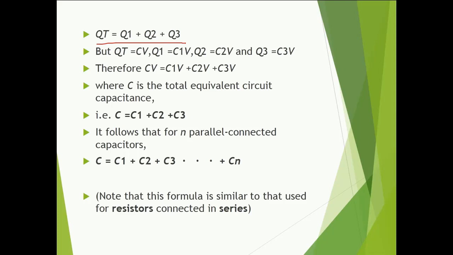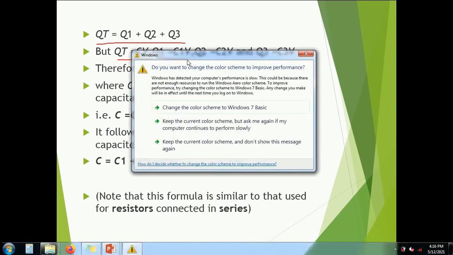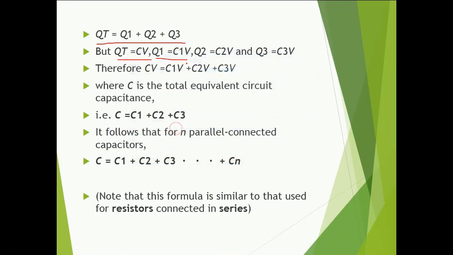Now, as per the formula of charge, voltage and capacitance, Q is equal to CV. That is, Q1 is C1V, Q2 is C2V and Q3 is C3V. Substituting all these three values in the above equation, we will have CV is equal to C1V plus C2V plus C3V.